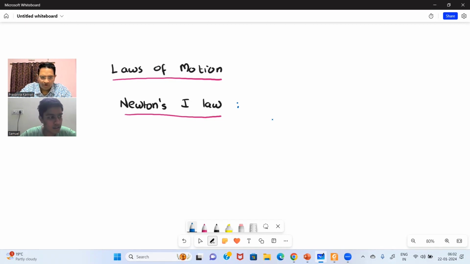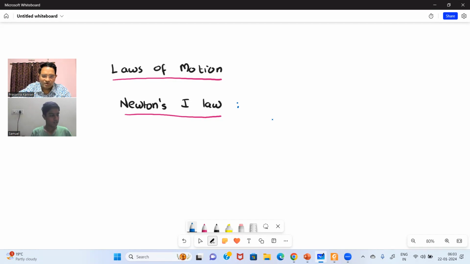You've been learning it the last 2 classes, tell me, what is uniform motion? The velocity will not change, it is constant, and acceleration is 0. That's correct. You said velocity is 0. Okay, velocity is constant and non-zero, of course, and acceleration is 0. Very good. Unless compelled to change by an external agency called force.